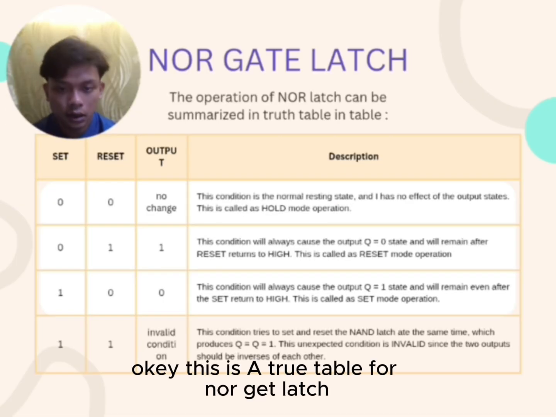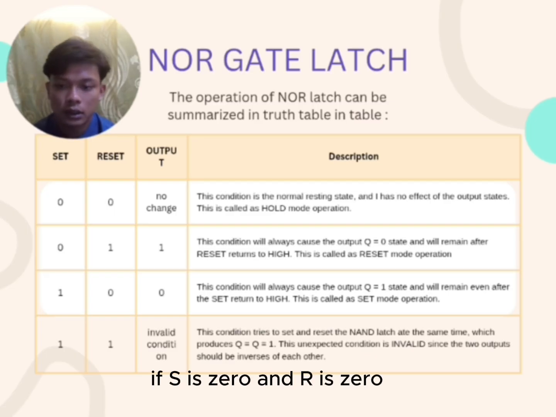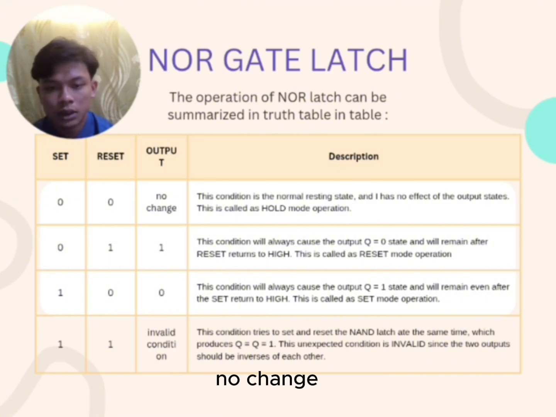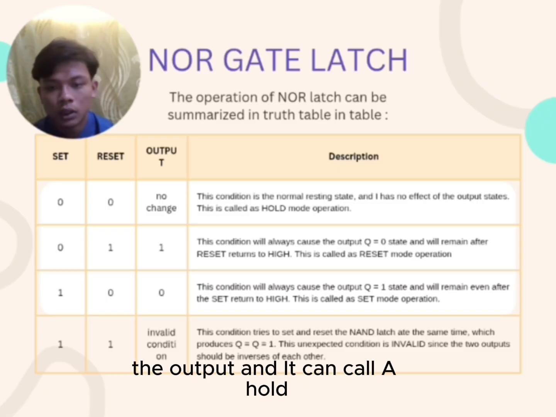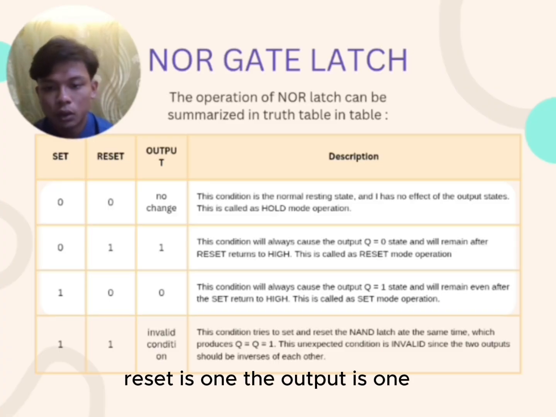This is a truth table for the NOR gate latch. In this truth table, we have S and R. If S is 0 and R is 0, the output is no change. No change has no effect on the output, and it is called a hold. If S is 0 and R is 1, the output is 0, and it is called reset.